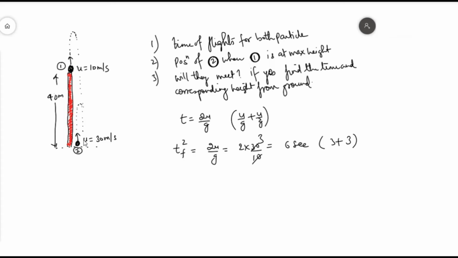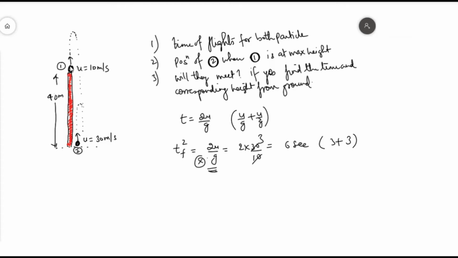Remember, we cannot use this formula 2u by g for particle 1 because it is not ending its motion at the same level, right? It's starting here and it's going to fall somewhere here. Although what we can do is think about the motion of particle 1 in two different scenarios.